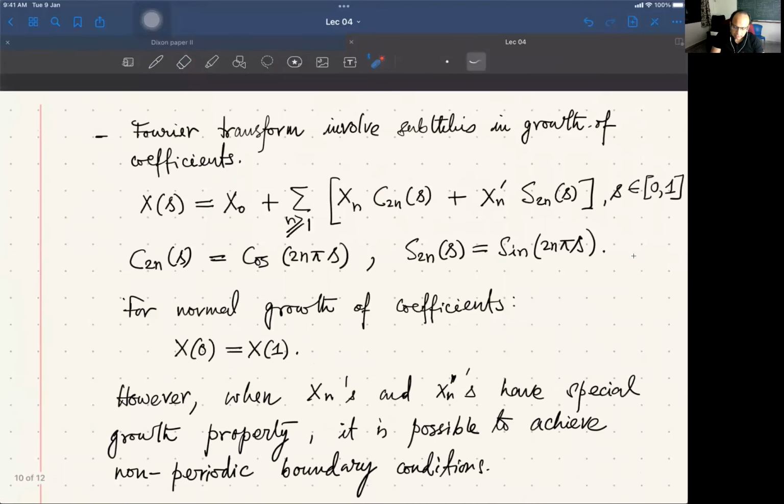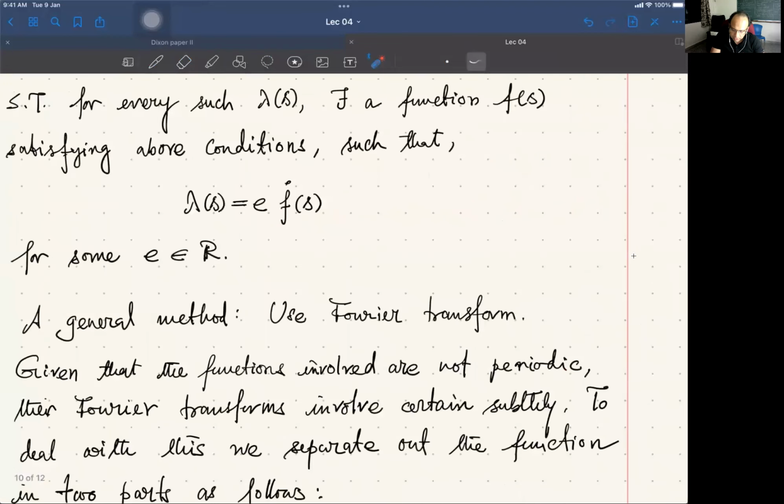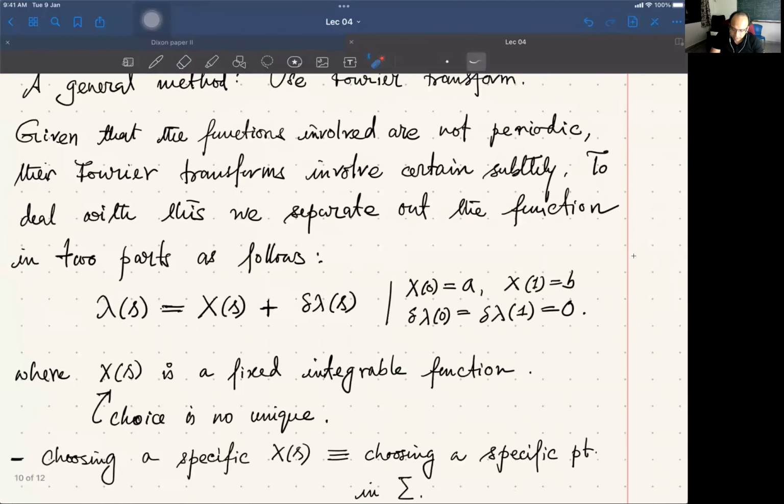We'll have a Fourier expansion where the coefficients will have no special growth property. These are normal, because this function satisfies periodic boundary conditions.